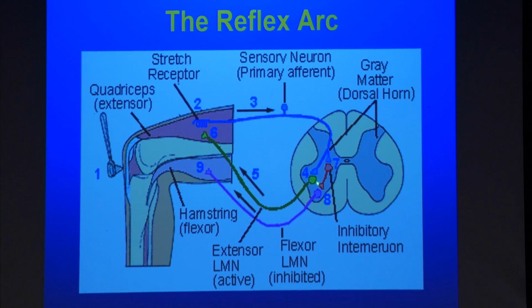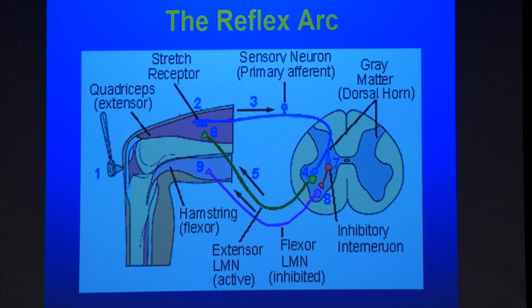And note where this lower motor neuron innervates, where it has its output region. This magenta lower motor neuron goes out and innervates this muscle here, which is the hamstring muscle. That's the antagonistic muscle. And I'll put this on the board in a moment, but recognize that all of our muscles are laid out in antagonistic pairs. We'll come to this on Monday.